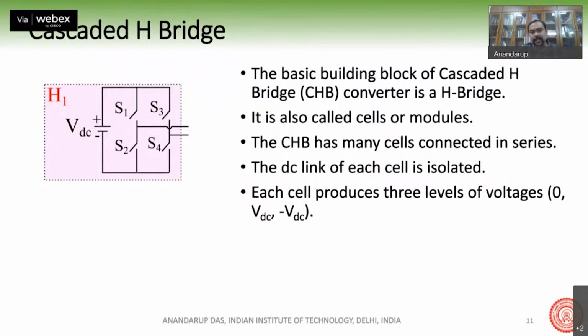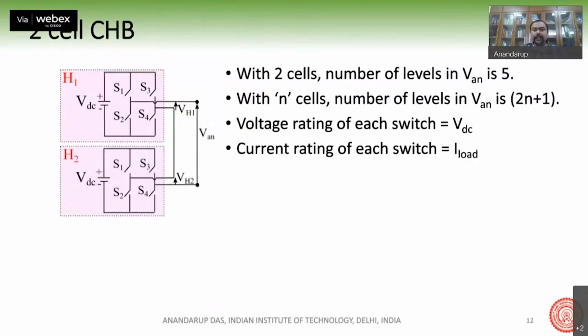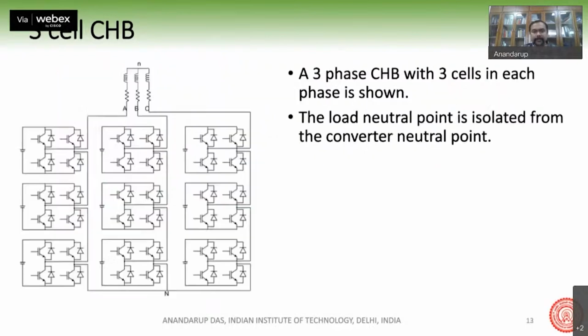One of the important topologies of the multi-level converter is the cascaded H-bridge converter, which has many cells, each an H-bridge, connected in series with each other. Each H-bridge produces 3 levels of voltage: 0, plus VDC, and minus VDC. When you cascade them, you get more and more levels, and with n cells, you get 2n plus 1 levels.